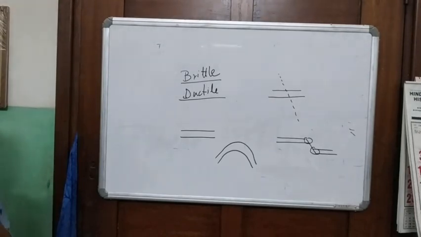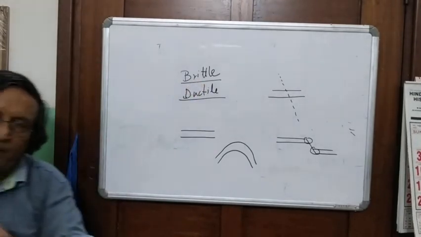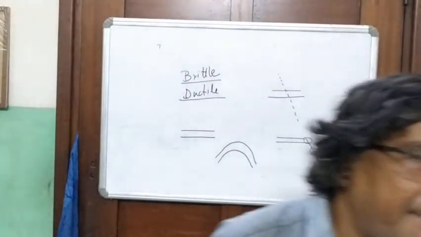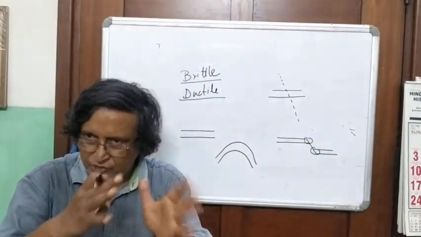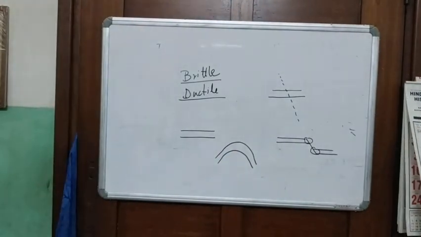There is residual strain in the rock. And this is what is brittle deformation, where the rock never behaves in a plastic or a ductile mode. There is only breakage across a plane. So we have both brittle and ductile deformation.